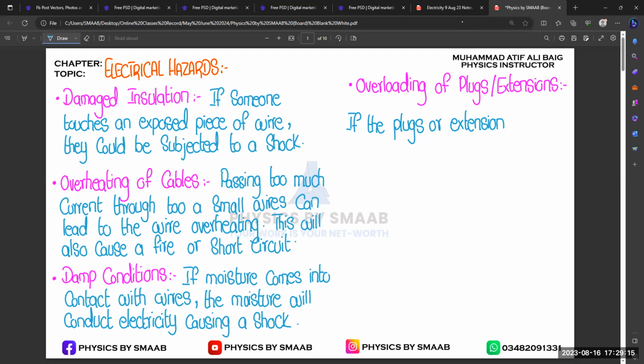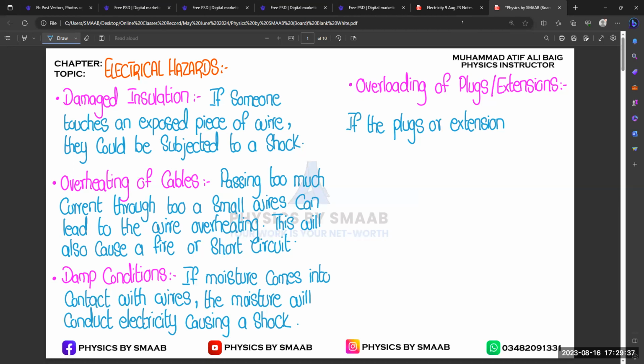But for electrical hazards, these are the general ones, because we know that they are natural or due to the carelessness of human beings using appliances in our daily life. So we are not going to design these electrical hazards, that's why these are only in general form.